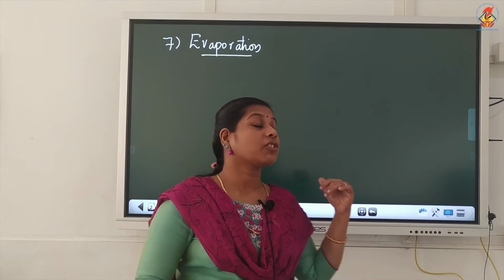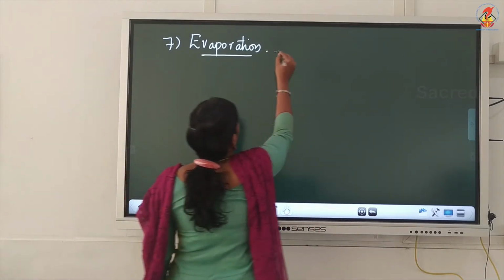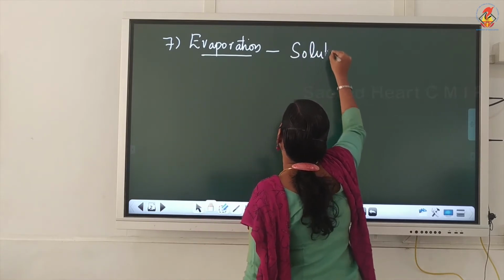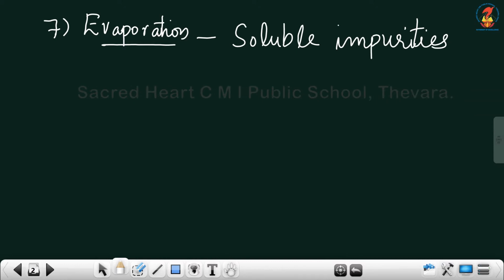So evaporation is a method to remove soluble impurities. Soluble impurities can be removed by the process of evaporation. We make a solution of the mixture by adding water.